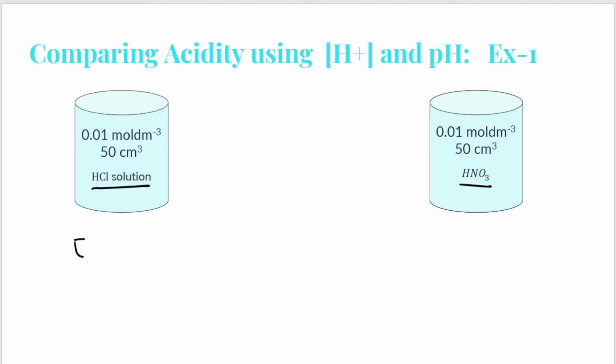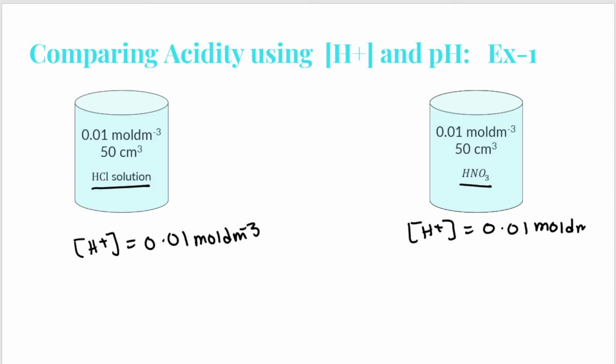So we know that this has a hydrogen ion concentration of 0.01 mole per dm cube. This as well. They also have equal pH values of 2.